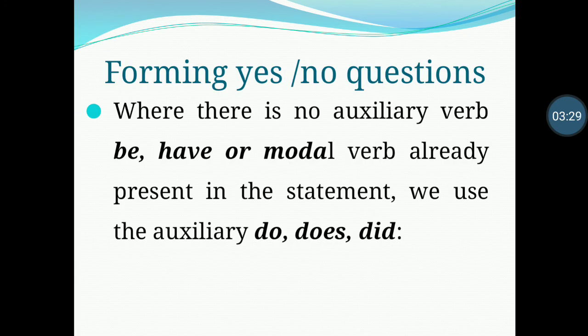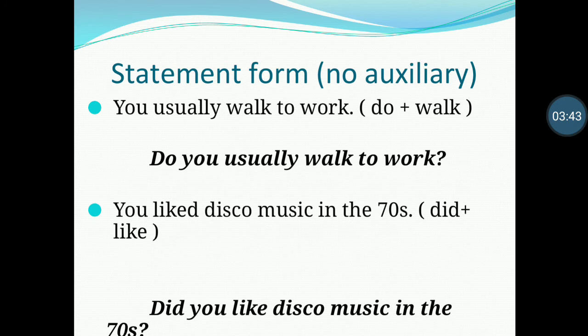Suppose you are not given auxiliary verbs, meaning be form, have form, or any kind of modal verbs, we can use the do forms to frame a yes or no question. For example, look at this statement: you usually walk to work. In this sentence, we are not given any kind of helping verbs. So we can use the main verb walk to frame a yes or no question.